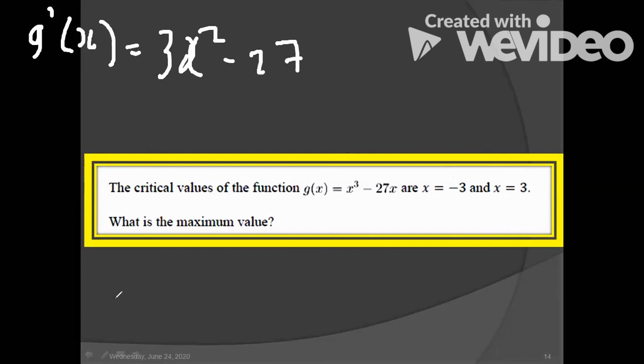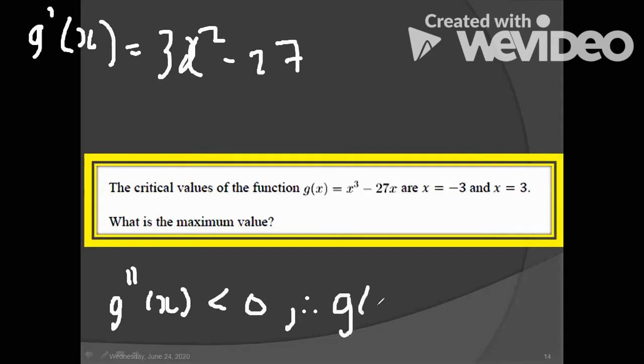If you differentiate the function a second time and you put in the critical values, the x values, and if that expression is less than 0, or in other words, if it is negative, then g of x would be a maximum.